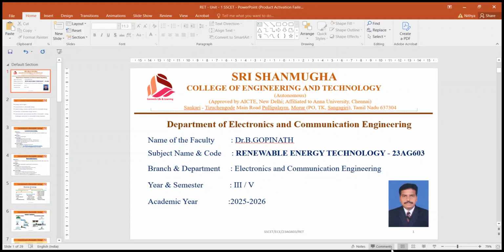The different categories of renewable energy technologies are there. Nowadays, electrical energy has to be produced based on the number of renewable and non-renewable sources.